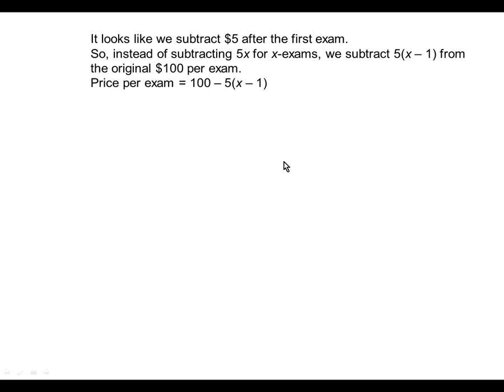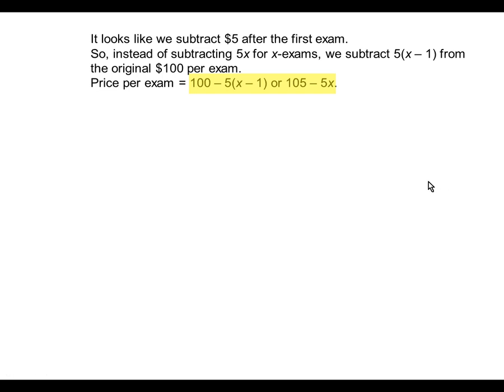So the price per exam is going to be 100 minus 5 times (x minus 1). If you want to multiply that out and have 100 minus 5x plus 5, and have 105 minus 5x, that's your choice. Either one of these is acceptable. So anyway, that's the cost per exam.